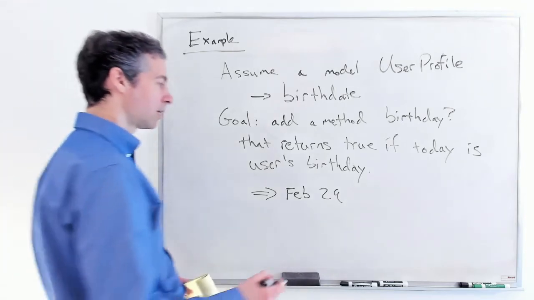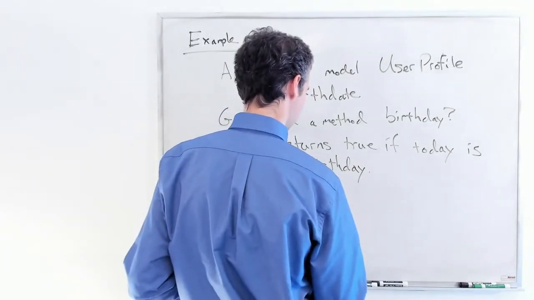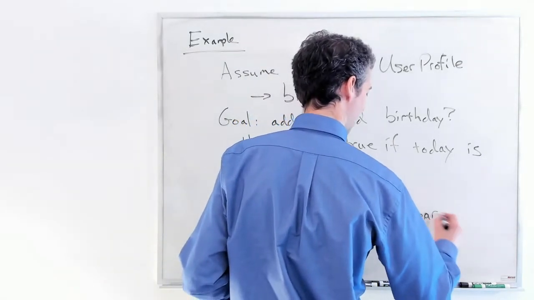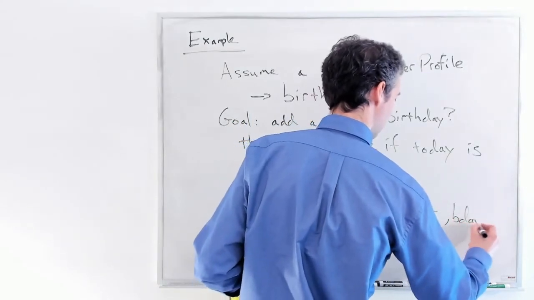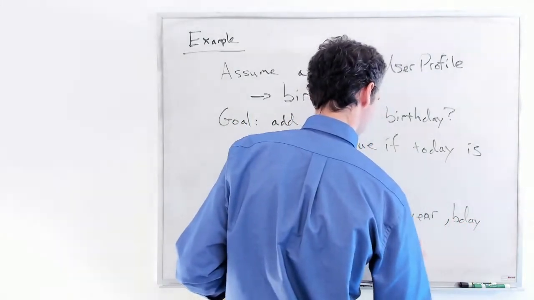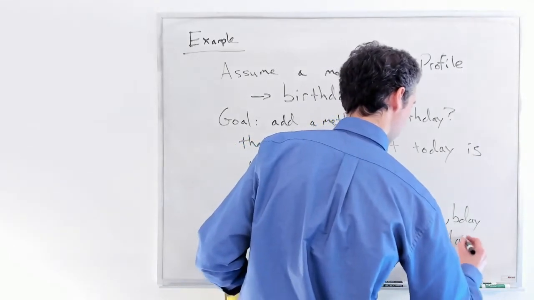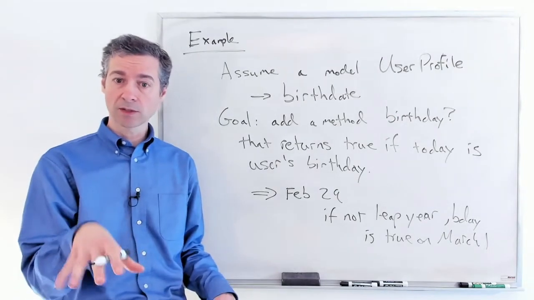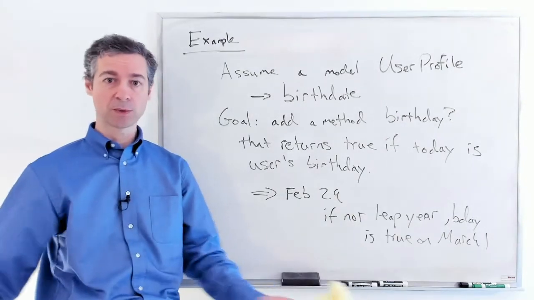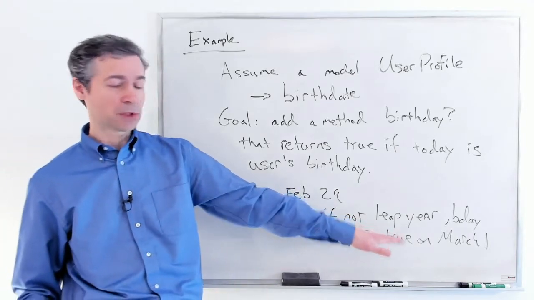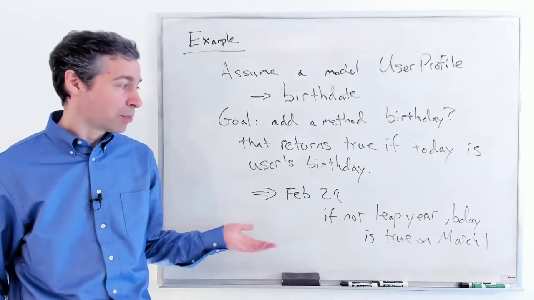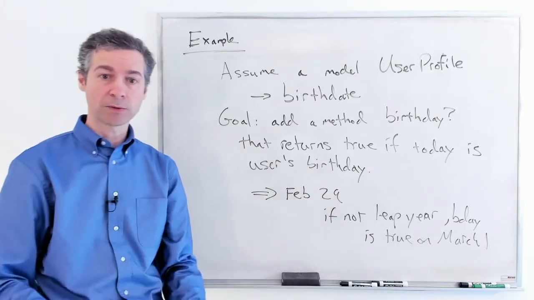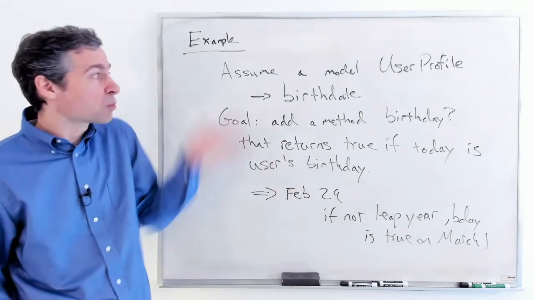And so in this case, if not a leap year, we'll say your birthday is true on March 1. Okay, because it would be the 28th, and there would be no 29th, and then on March 1 it would be happy birthday. But that's only if it's not a leap year. Okay, if it is a leap year, there will be the 29th, and we should wish you happy birthday on that day. So we just want to write this method.